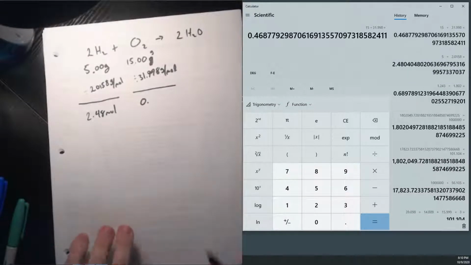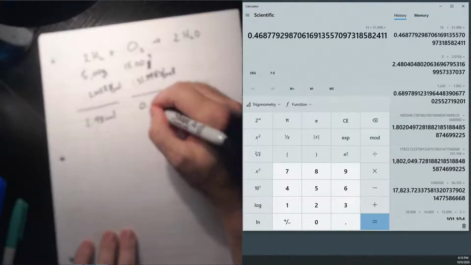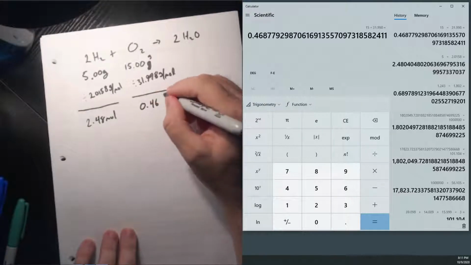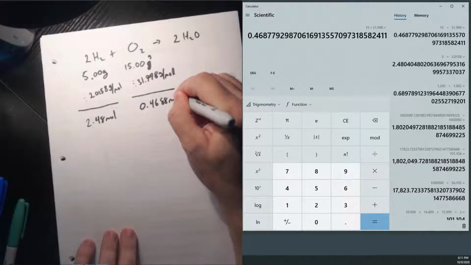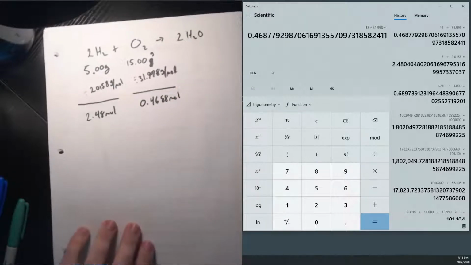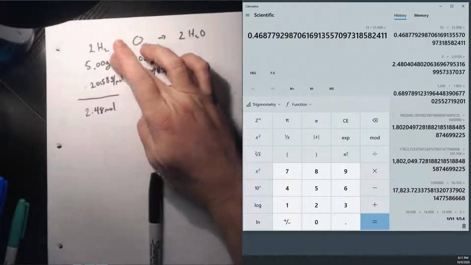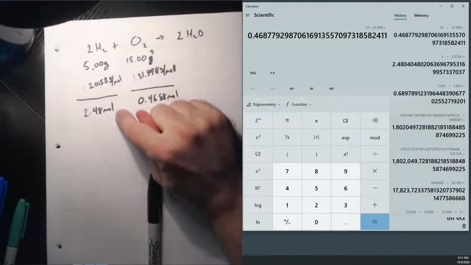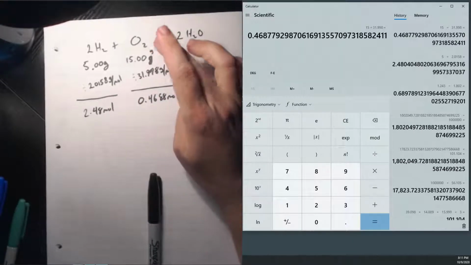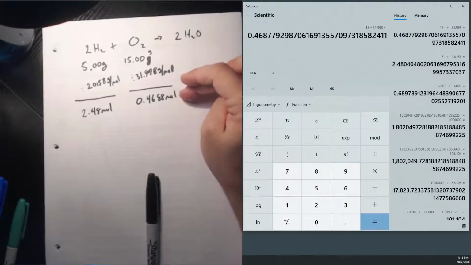Yes. All right. So that's 0.4688 moles. So this is one reason why you can't judge based solely on mass, because that 5 grams of hydrogen is a lot more in terms of moles, and that 15 grams of oxygen is quite a bit less.